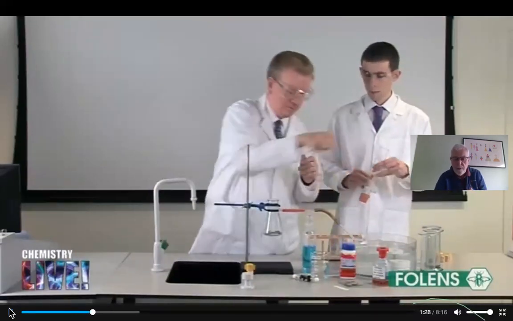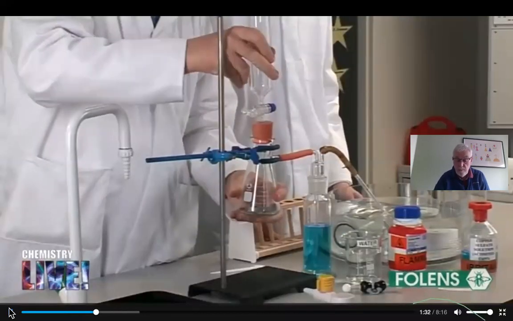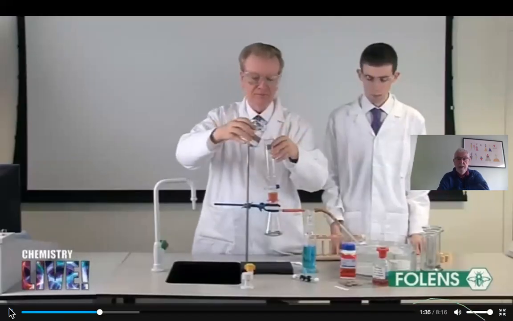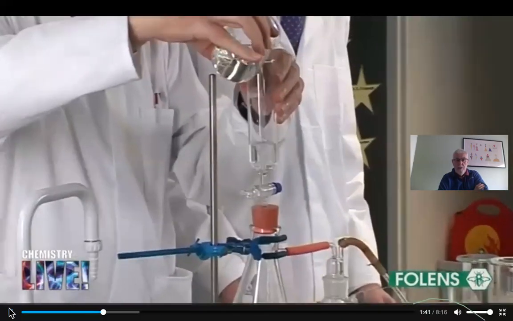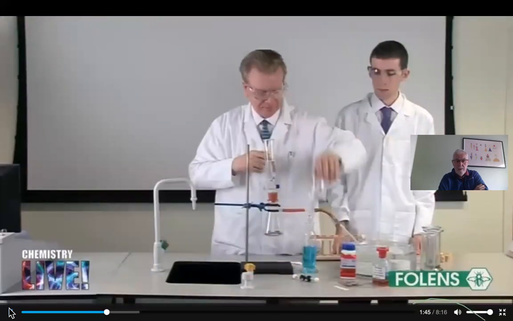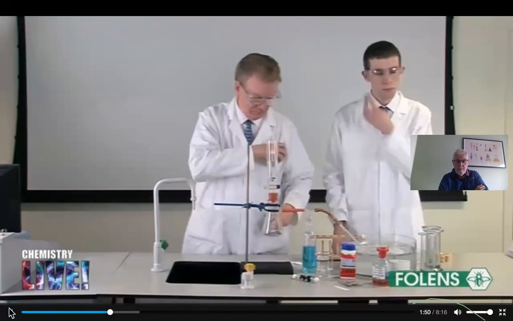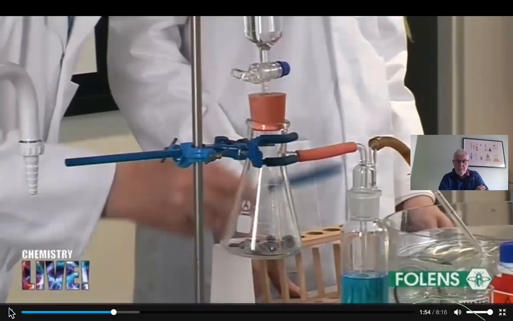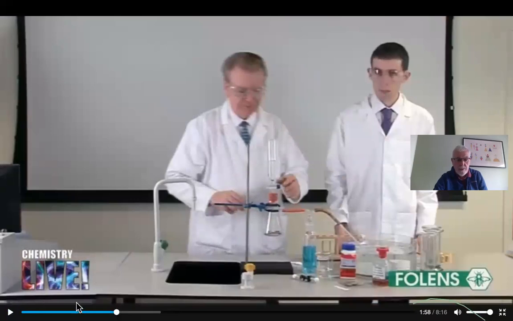Making sure that it's sealed well, because water in the atmosphere will react with the calcium dicarbide. So there he's adding the second reagent, water, into what we call a dropping funnel. Double check that you have connected the gas washing bottle correctly.